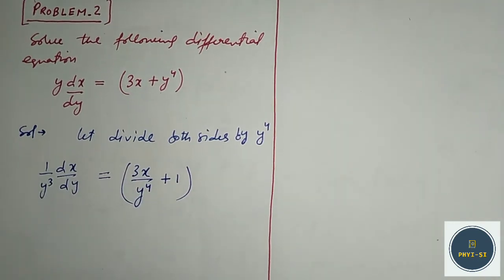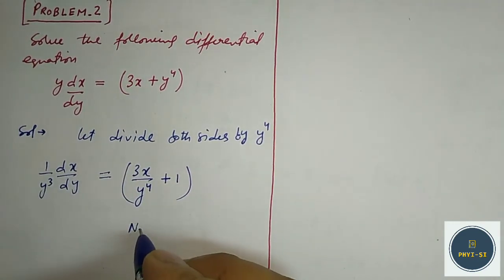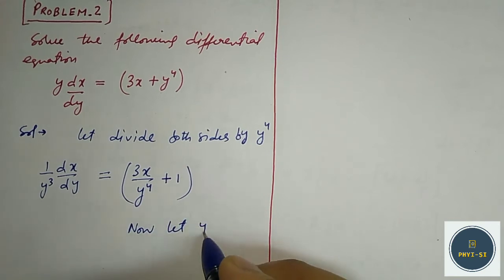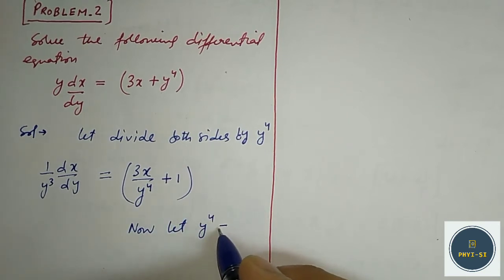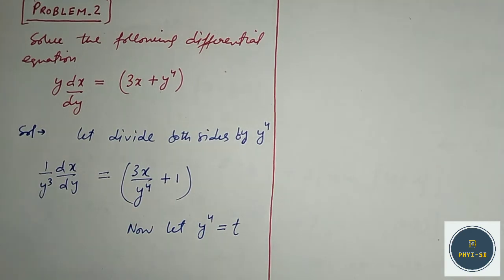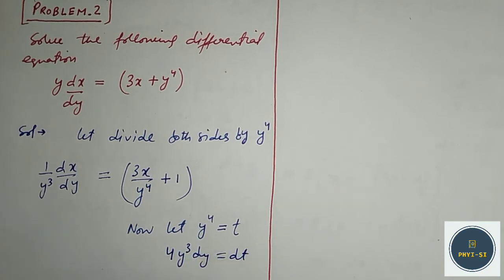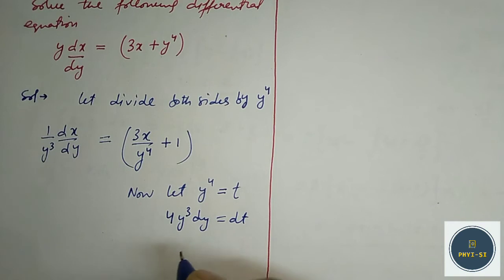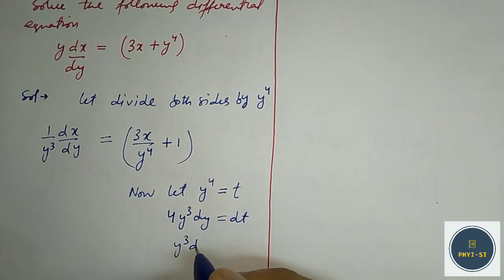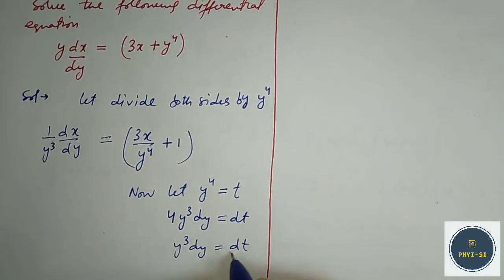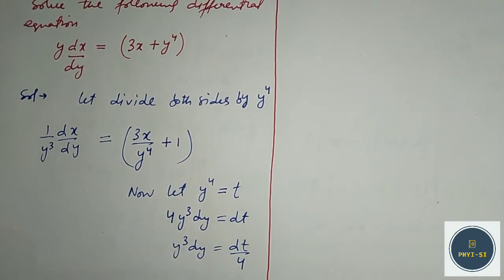Okay, now let y raised to power 4 be another variable. Let us take the variable as t. Differentiating this, we get 4y cube dy is equal to dt, or we can write y cube dy is equal to dt divided by 4.